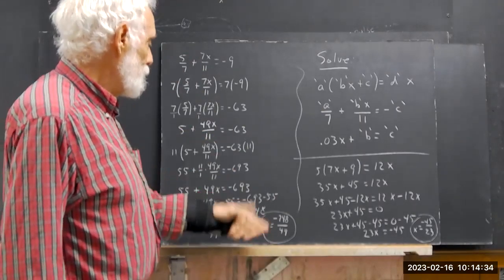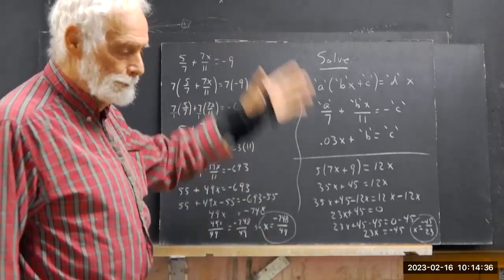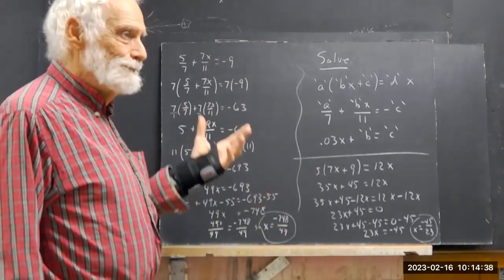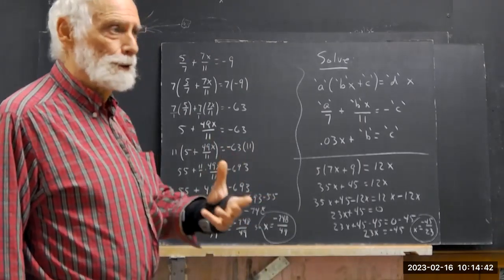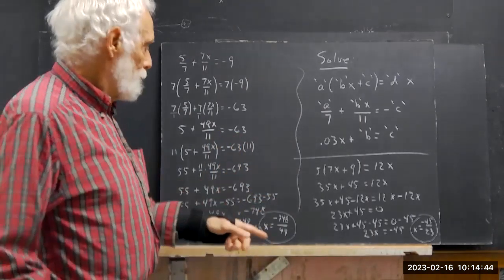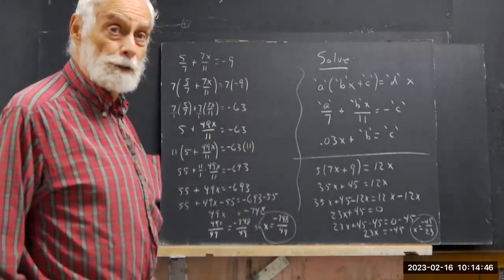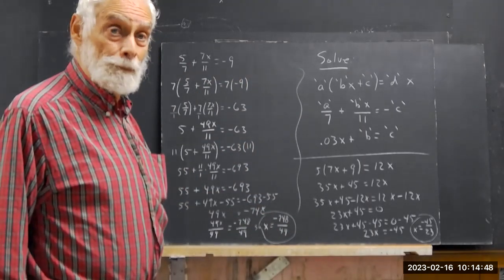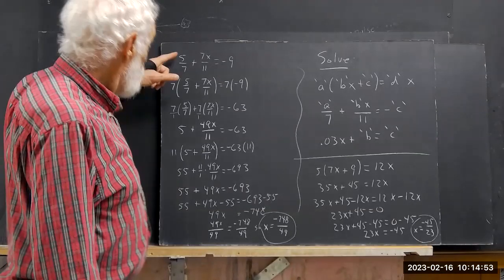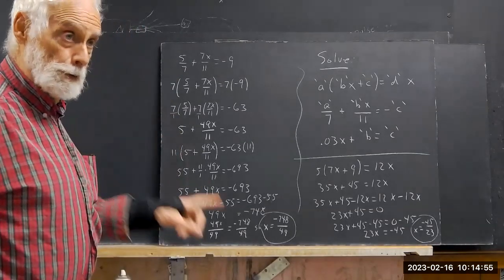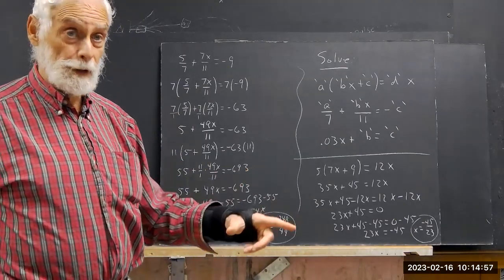So I end up with a 7 here, and I'm going to divide by 11. Still, I don't want to do that much arithmetic in my head. It's not reliable. Quick to punch it into your calculator and see if it's right. Then if it's not, go back and see what you might have done wrong. You want to be able to do every step and understand why you're doing every step.